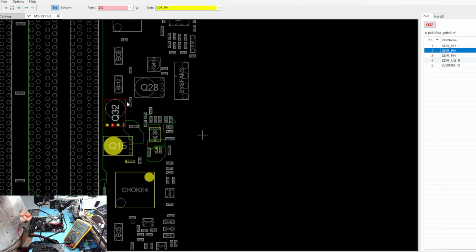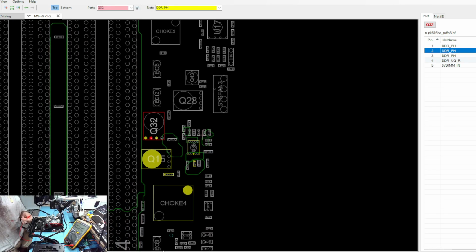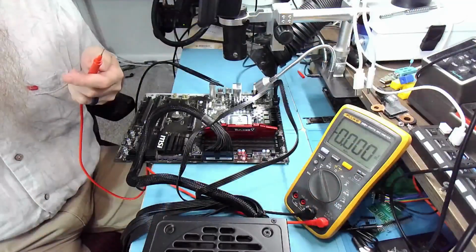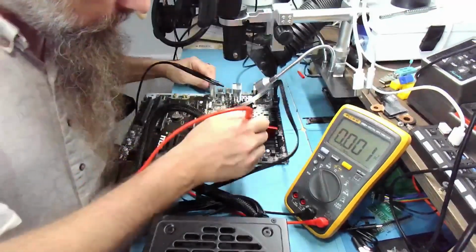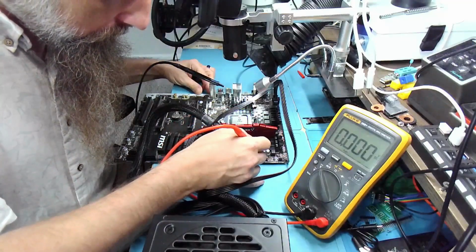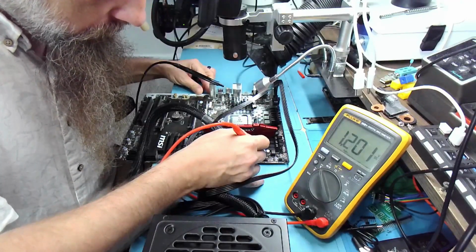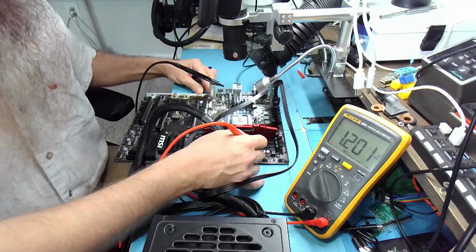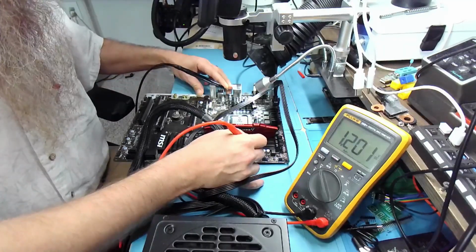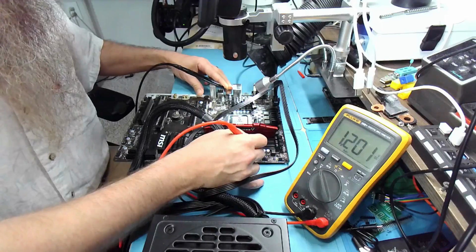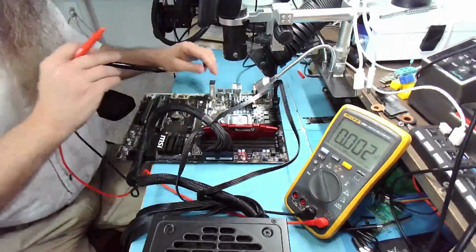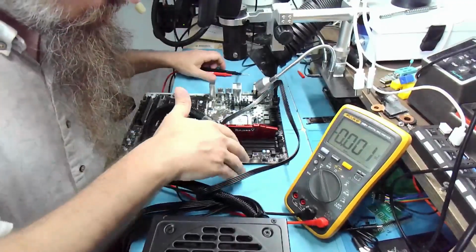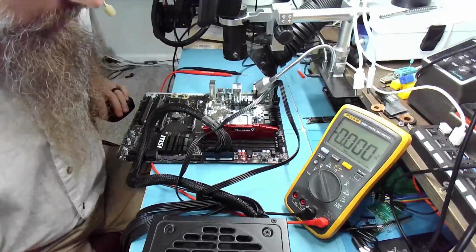So if I measure on the source of Q32, I should see 1.2 volts. And it's exactly 1.2, well, almost exactly. Yeah, so we do have memory voltage, and it's flashing.